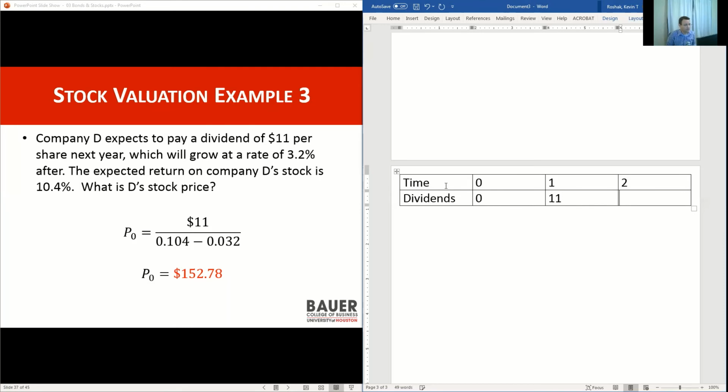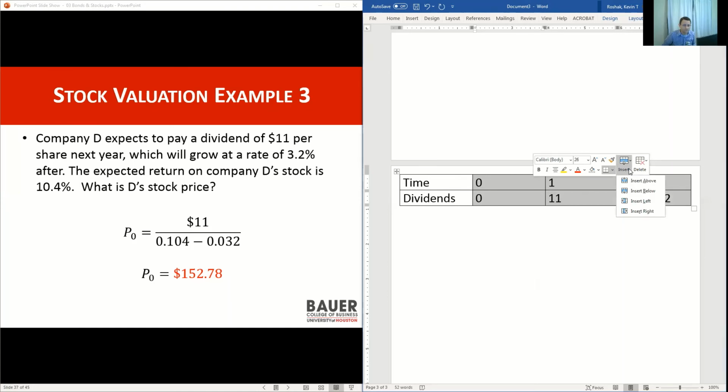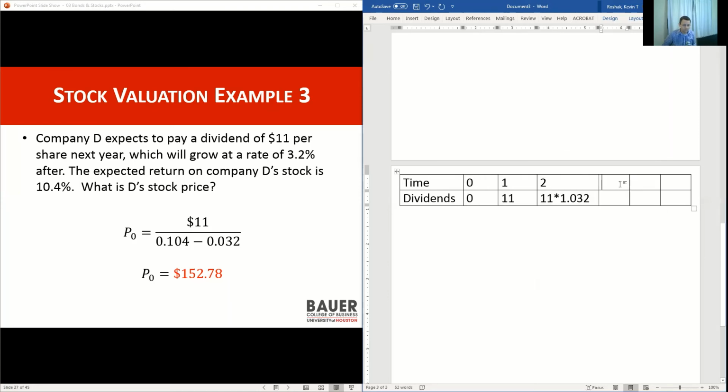We were getting $11, and then $11 times 1.032, and that was going to continue forever. So we're going to have a constant growth in those dividends. Did this, we got a price of 11 divided by 0.104 minus 0.032, which is equal to about 153.